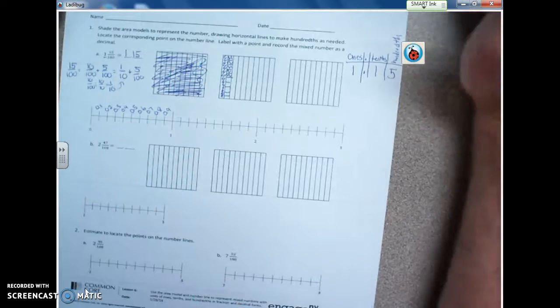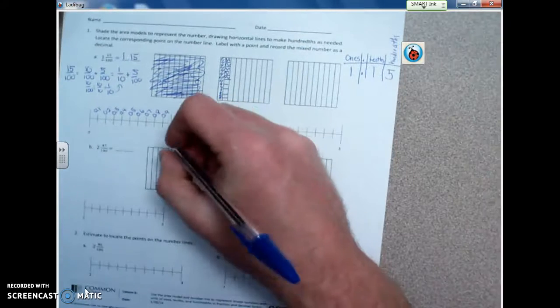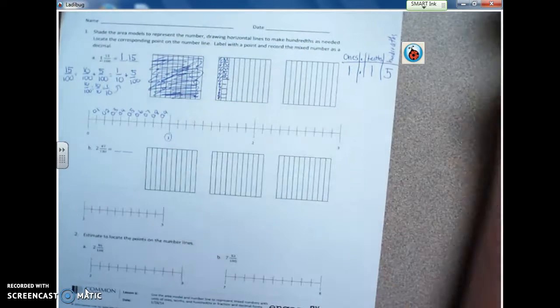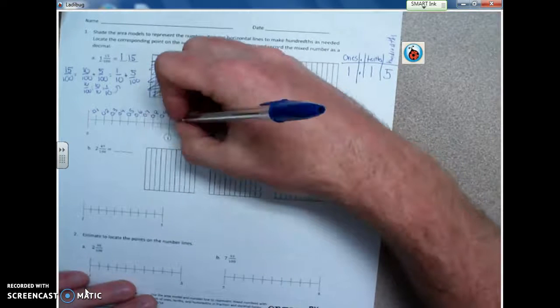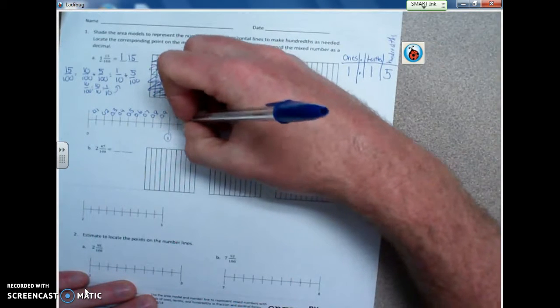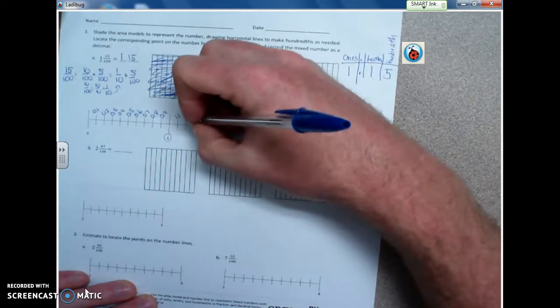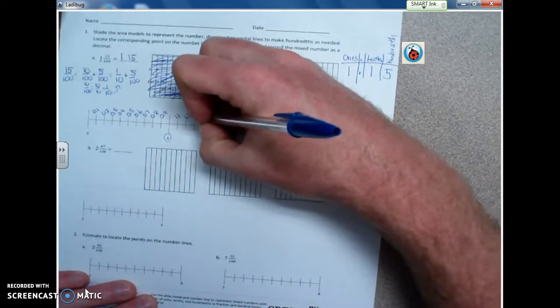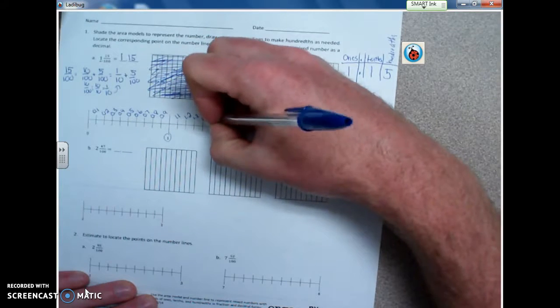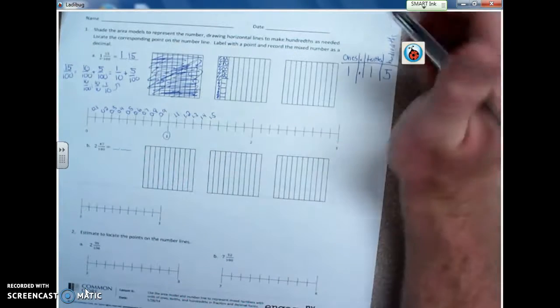And when I have 10/10, that becomes my one whole. 10/10 is one whole. Then I have 1 and 1/10, 1 and 2/10, 1 and 3/10, 1 and 4/10, 1 and 5/10, and so on until I get to 2 and then 3.